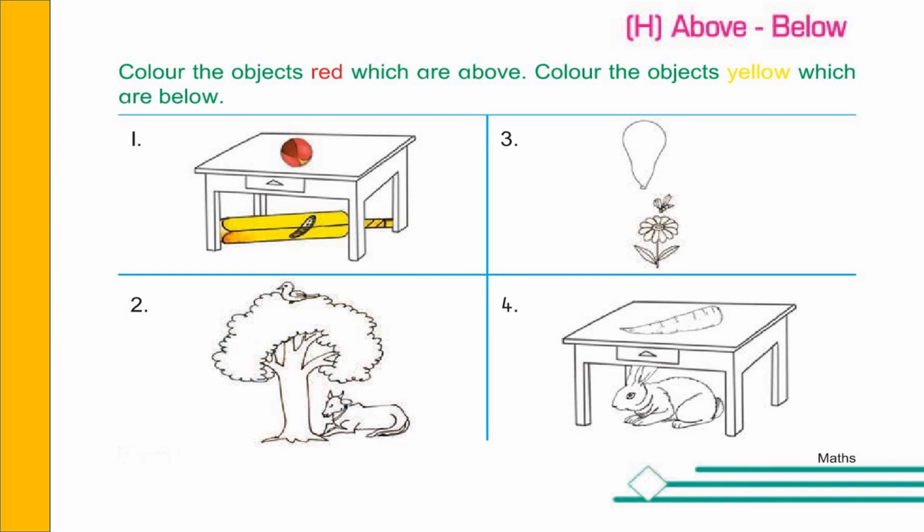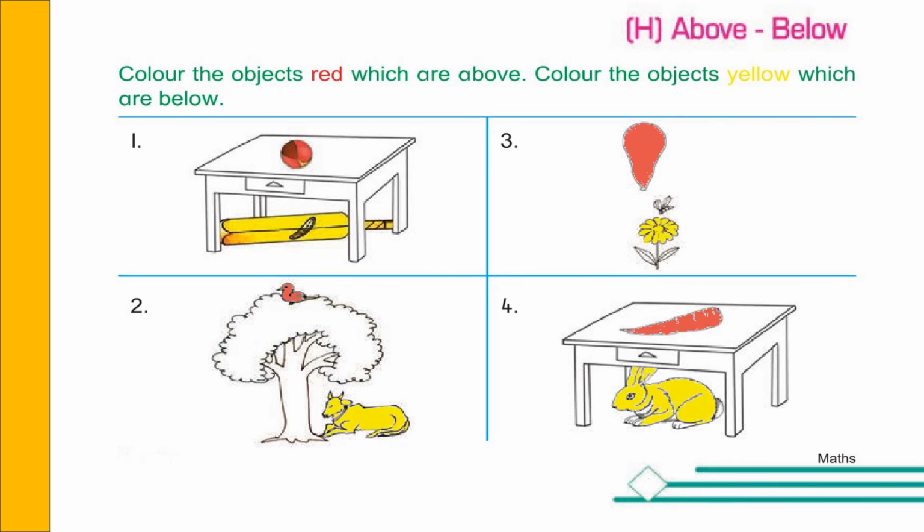Similarly, what is the fourth question? I see a carrot on the table, so it should be red in color, and a rabbit under the table or below the table, it should be colored in yellow. So let's do the coloring.